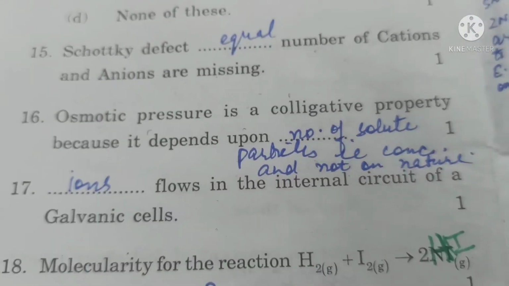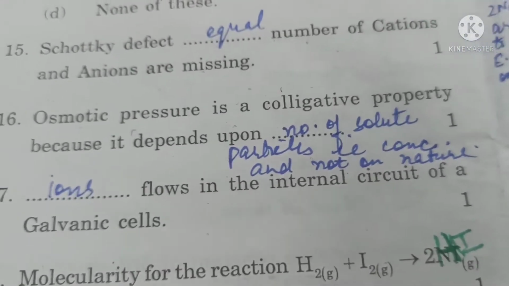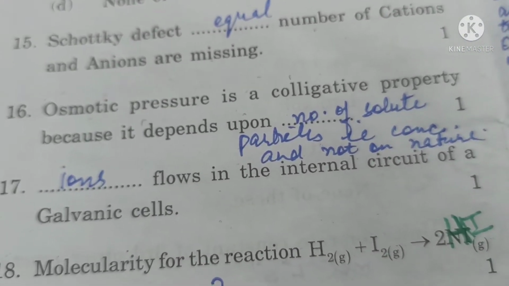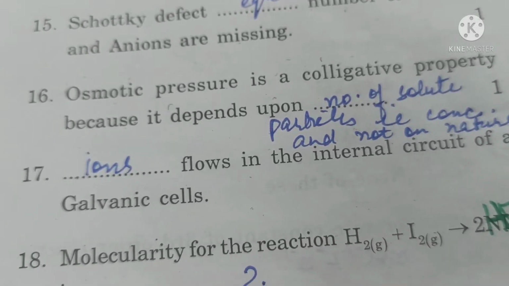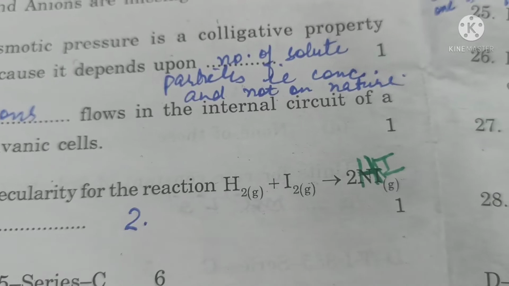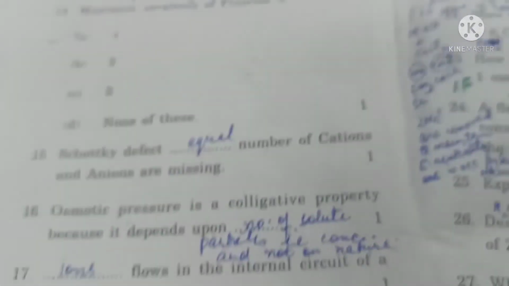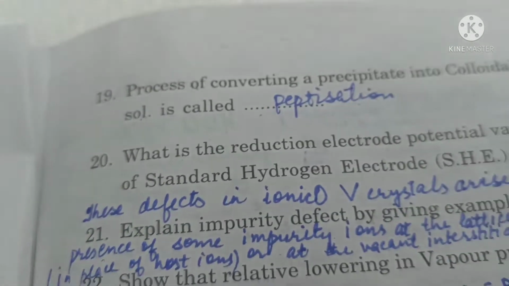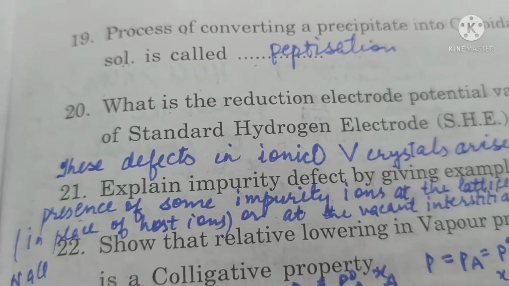Osmotic pressure is a colligative property because it depends upon the number of solute particles and not on the nature. Ions flow in the internal circuit of galvanic cells. Molecularity for reaction H2 plus I2 gives 2HI is 2. Process of converting a precipitate into colloidal sol is called peptization.